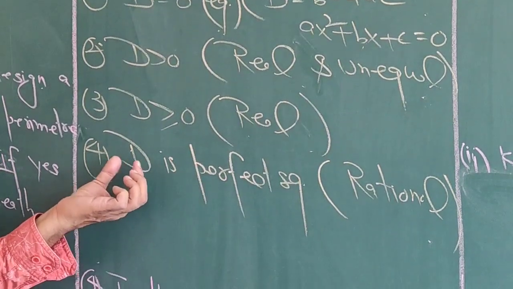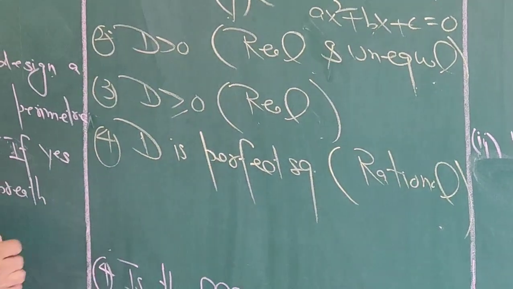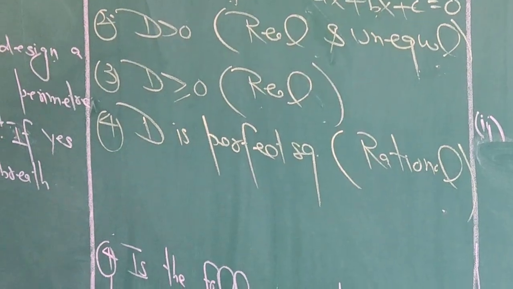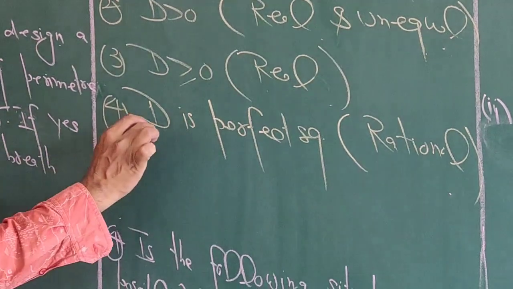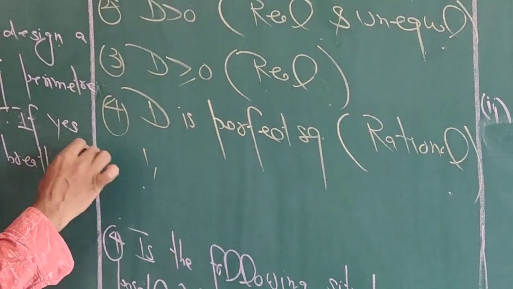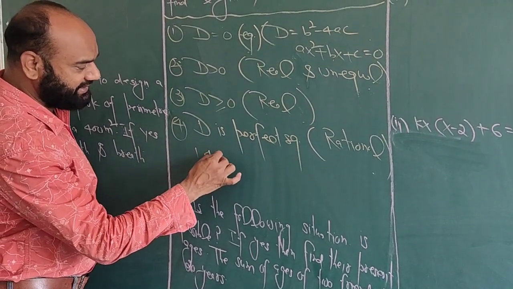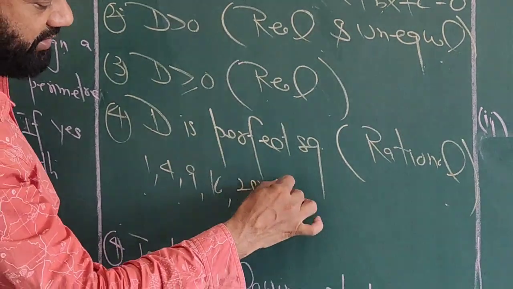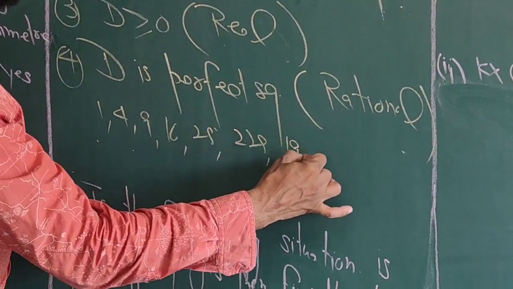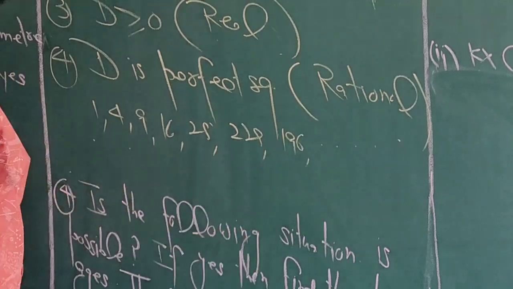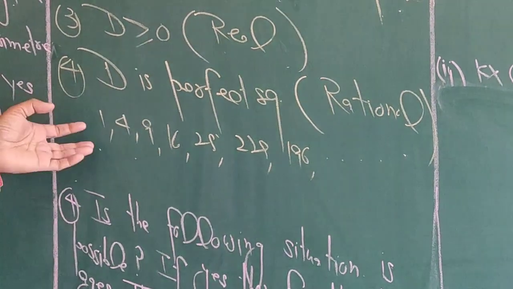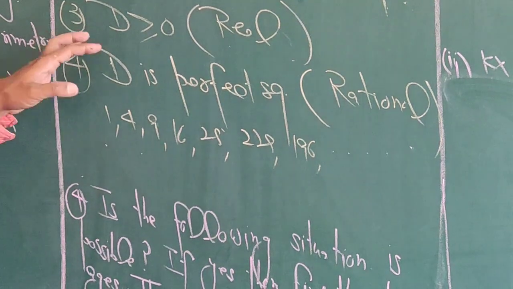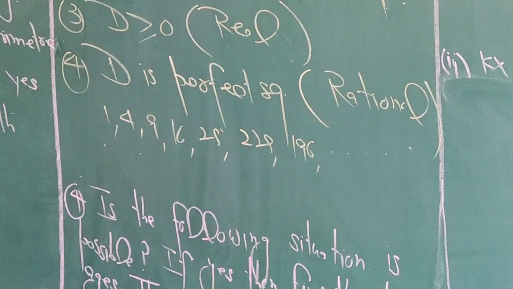And when D is a perfect square, meaning a number whose square root is a natural number, for example 1, 4, 9, 16, 25, 225, 196, these are all perfect squares because the square root of all these numbers is a natural number. So when D is a perfect square, then roots are rational.